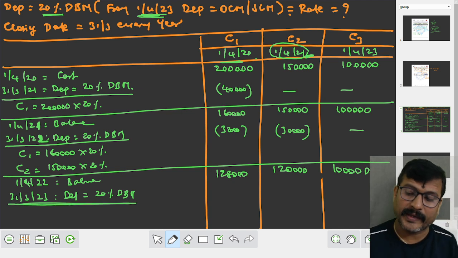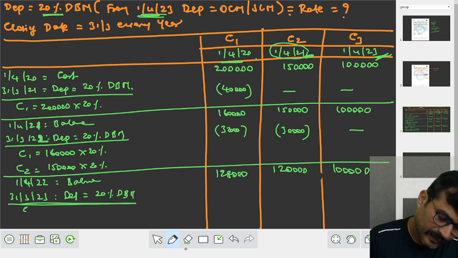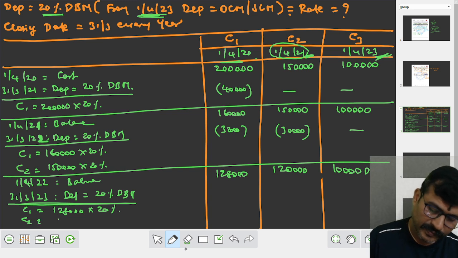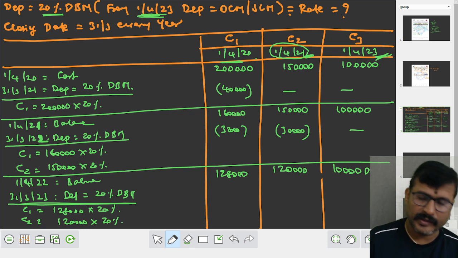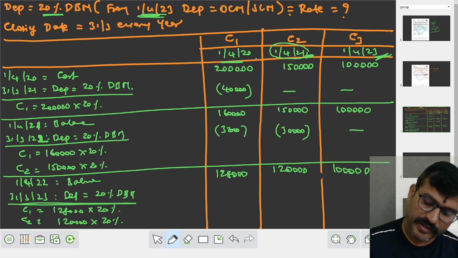How many machines do we have? C3 is purchased in April 23, and we are in March 23. For C1, 1,28,000 at 20%. C2, 1,20,000 at 20%. How much does it come to?